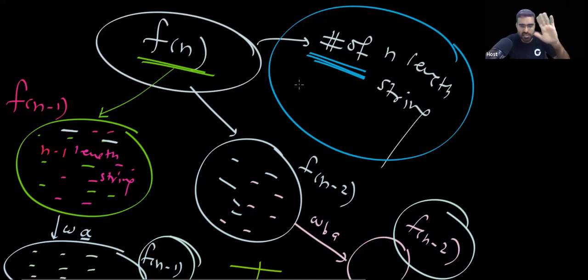Once you study recurrence relation, this question is very easy. You will think it is a very trivial question, but first you have to watch that. So don't worry about it, you can skip this question for now.